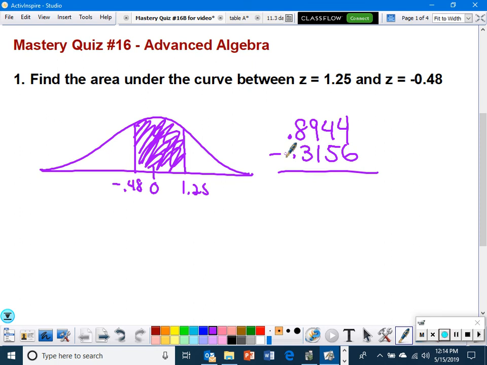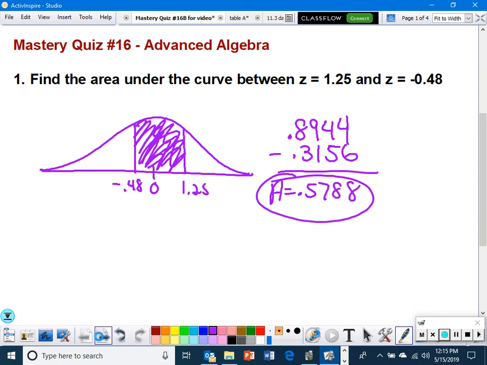Subtract those two and we have the area between those two. So 0.8944 minus 0.3156. Okay, 0.5788. All right, number one is done.